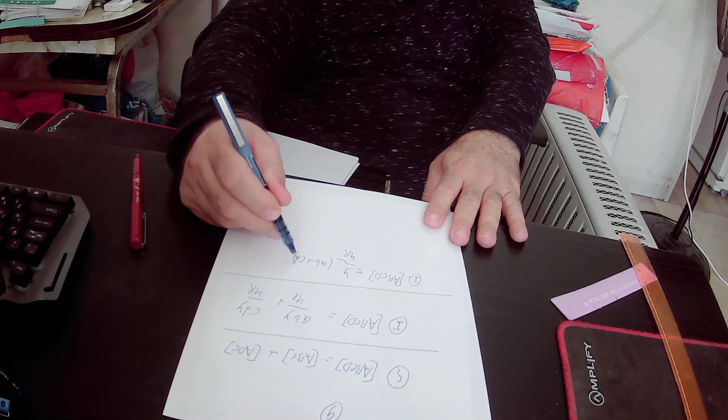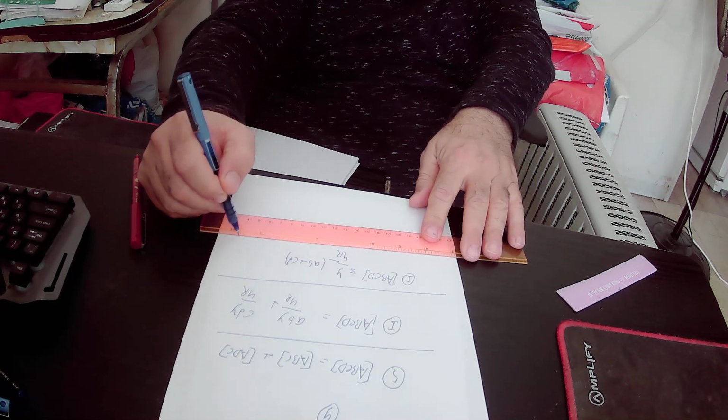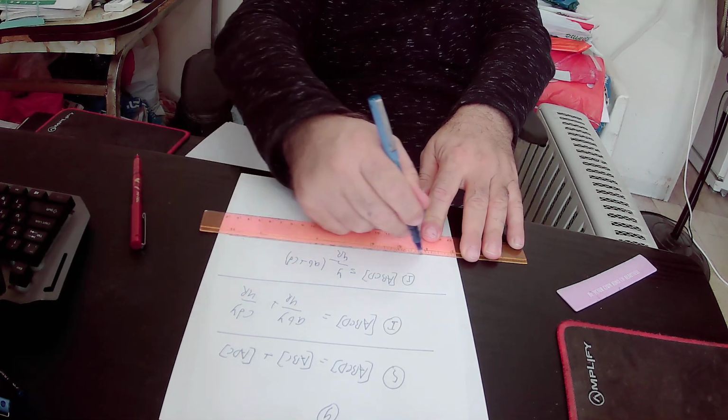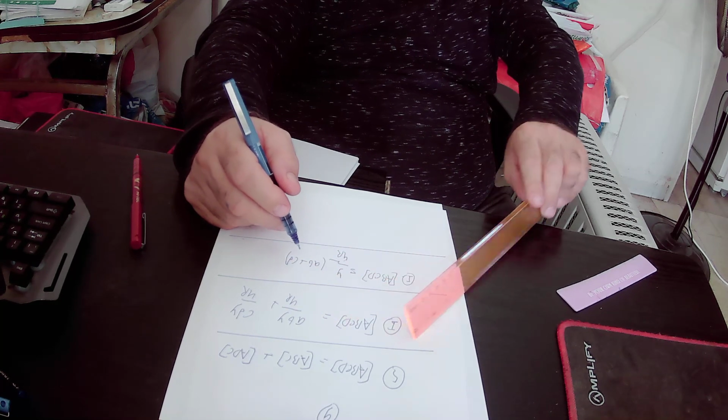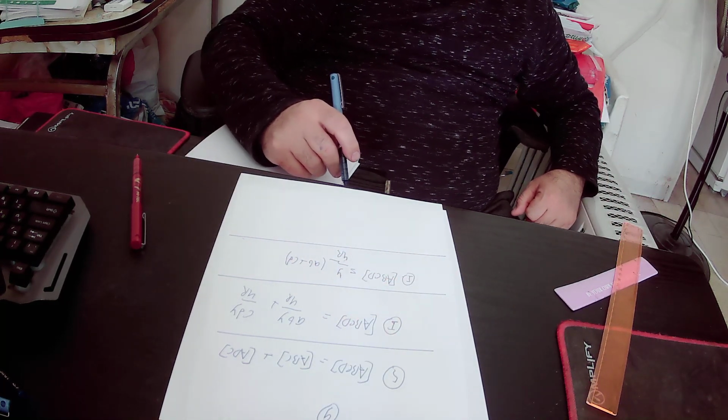So we found that the area of quadrilateral ABCD equals Y over 4R times (AB plus CD). Okay?